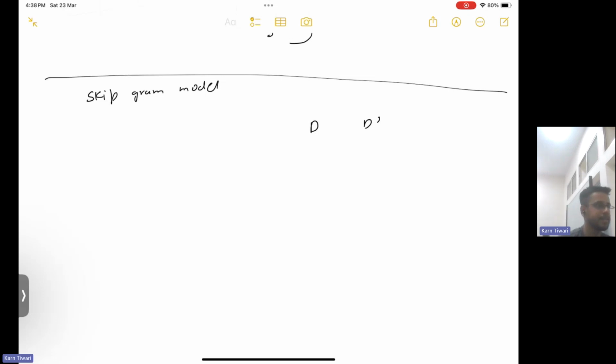Then we'll be discussing the next solution, that is hierarchical softmax. What happens is that in the output layer for this continuous bag of words model, the size of the vocabulary was large, and computing a softmax on top of that was computationally heavy.